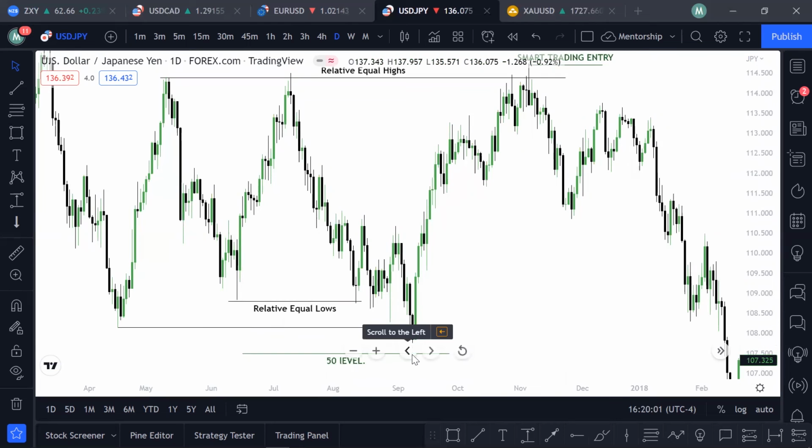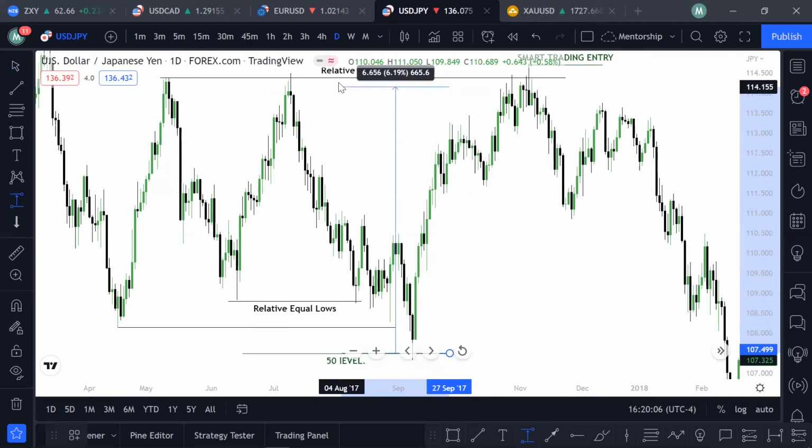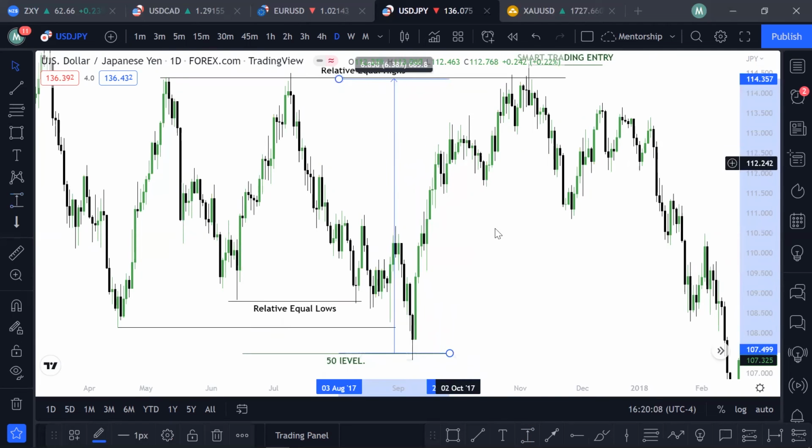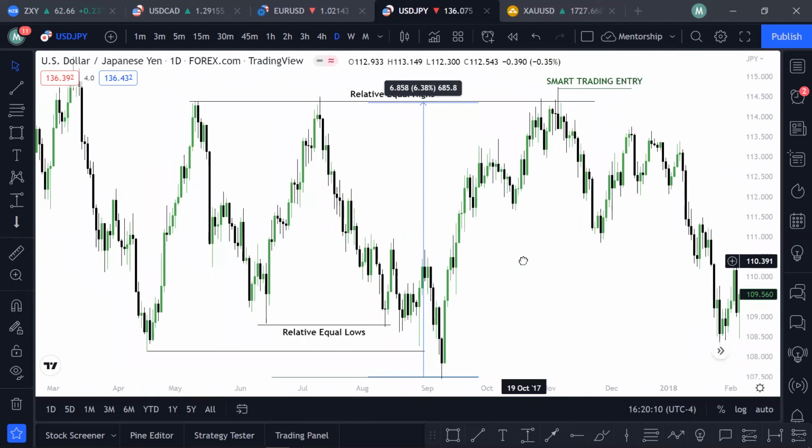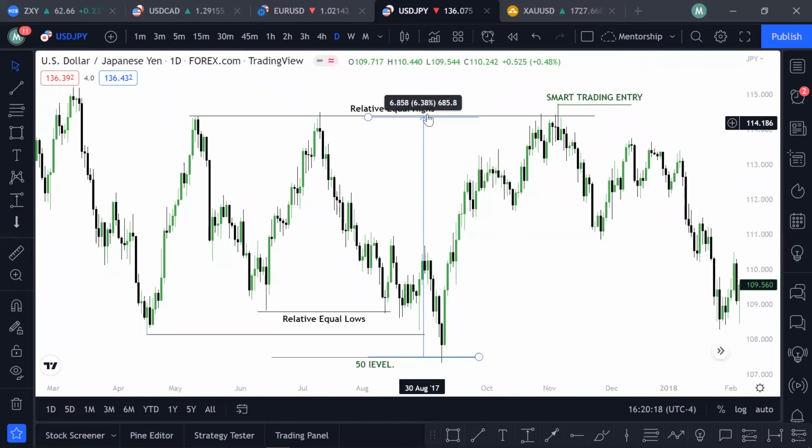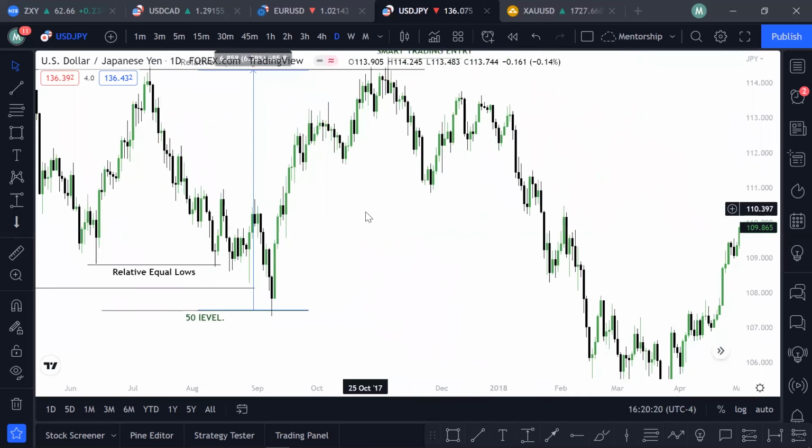You buy here, if you put your take profit there, oh my God, 600 plus pips, almost 700 pips. So what if you already mastered the strategy? You buy, and at the same time you sell.